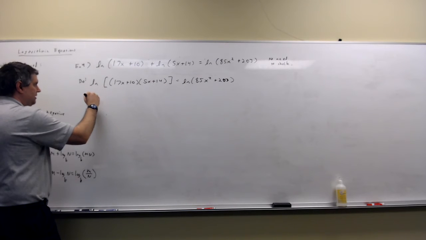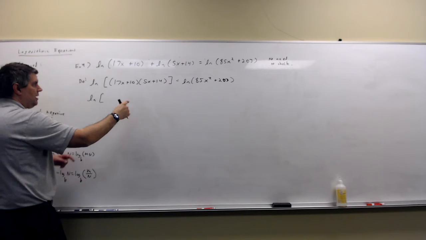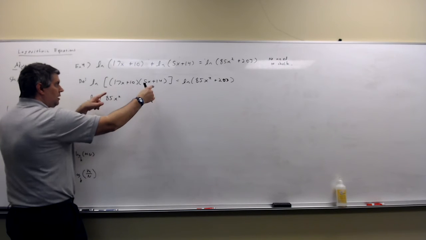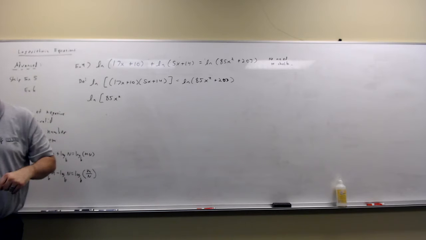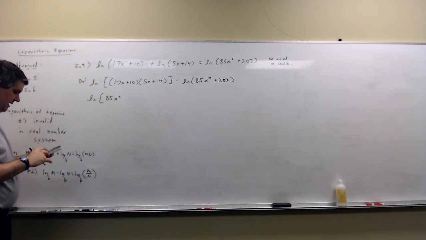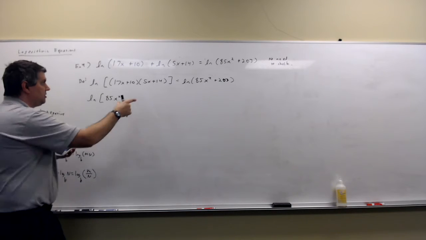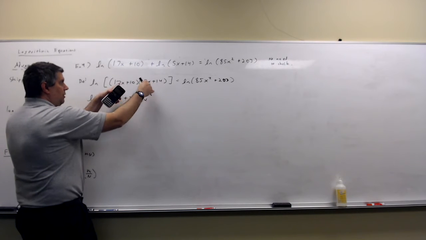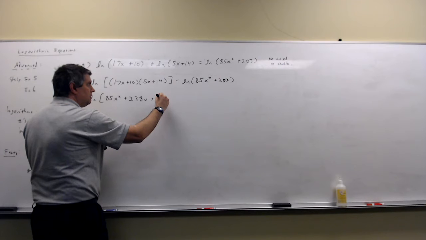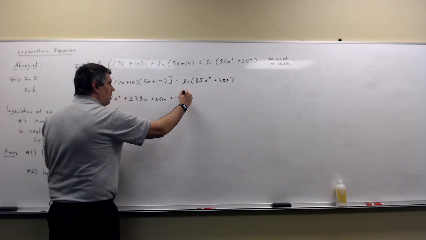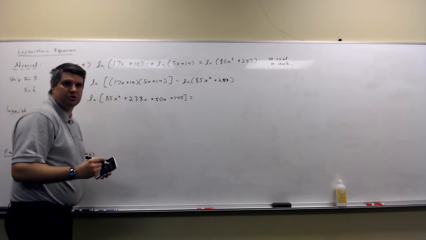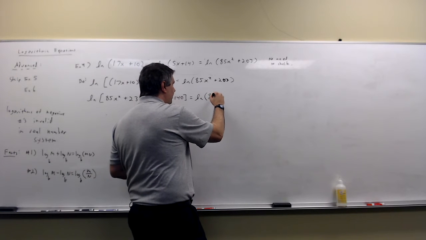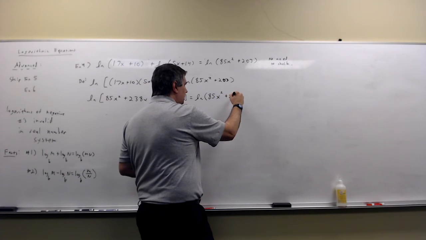Go ahead and FOIL this out. 85x squared plus 17 times 14 is 238x plus 50x plus 140 equals the natural log of 85x squared plus 203.